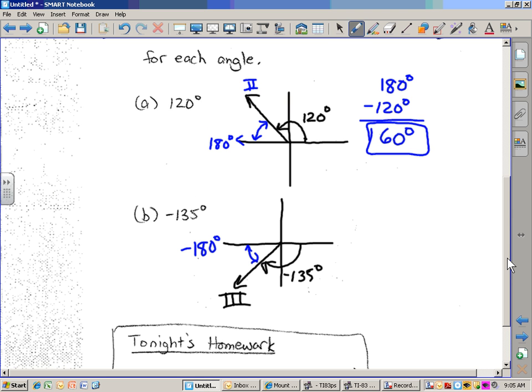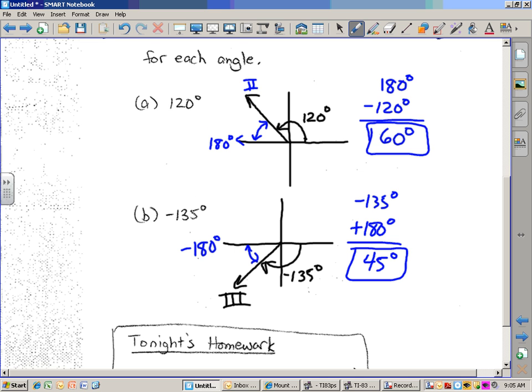So to find that distance, we're going to subtract the two numbers. So negative 180. So let's go the other way. Negative 135 minus negative 180, or plus 180, gives you 45 degrees.